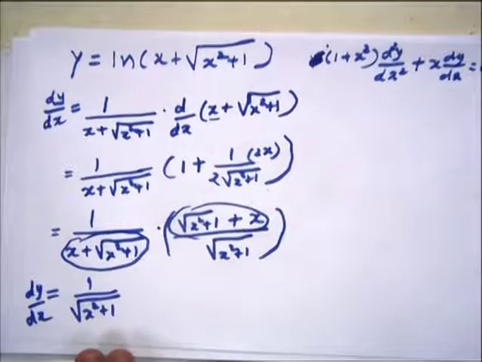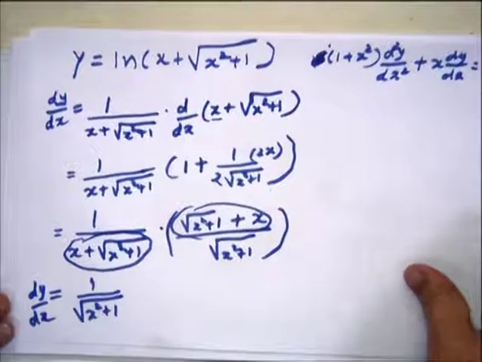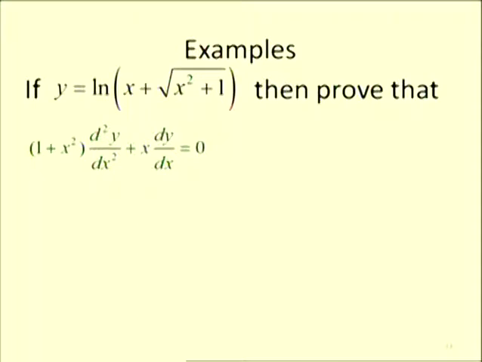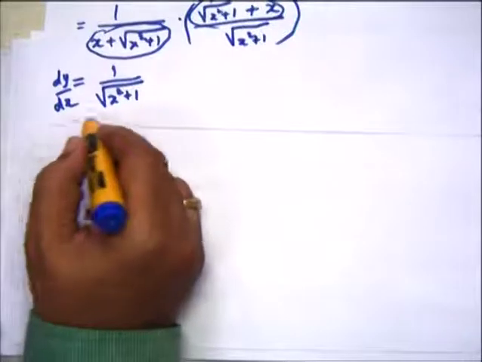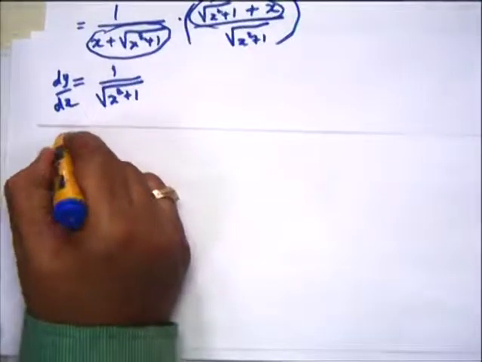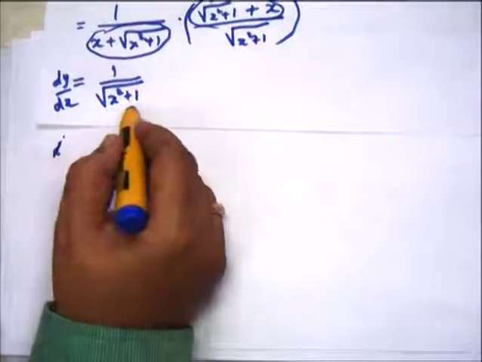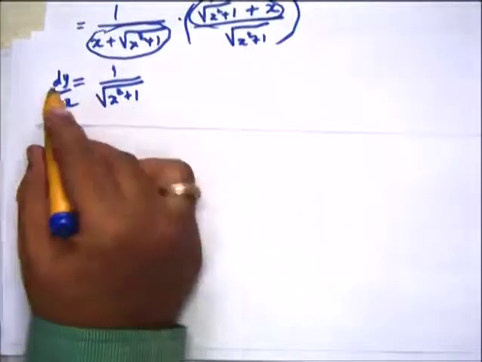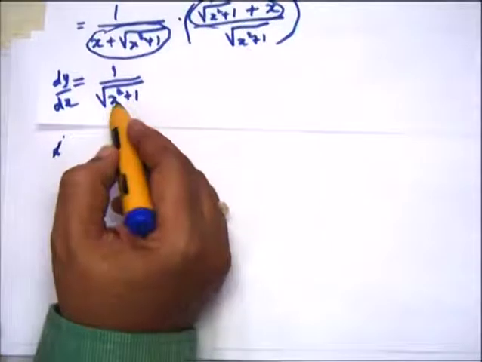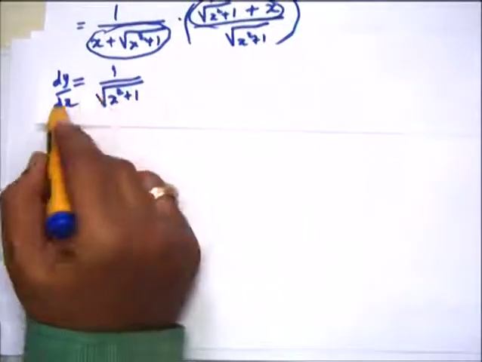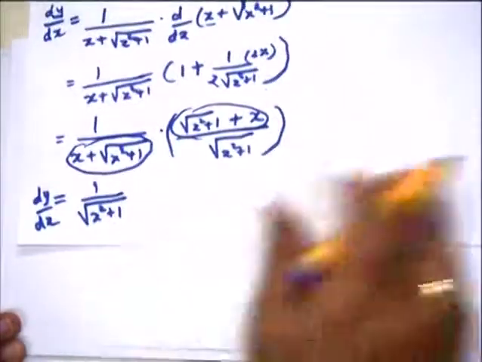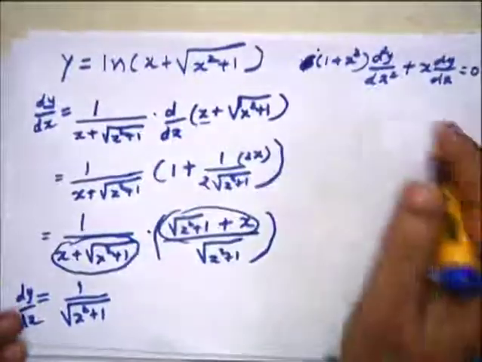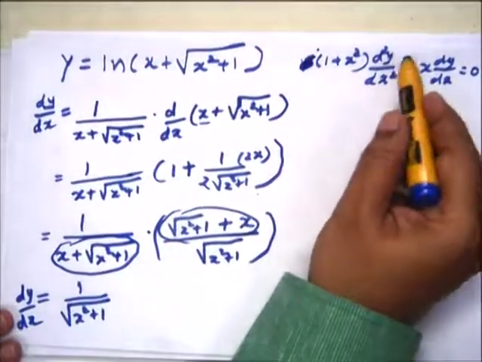So here we got dy by dx, that is this. Now we will differentiate this function a second time, that is d2y, but before that let us multiply this on the opposite side, because it is better to get this on the opposite side, as it will be in multiplication, and we know that here we need 1 plus x square as a multiple of the second order derivative.